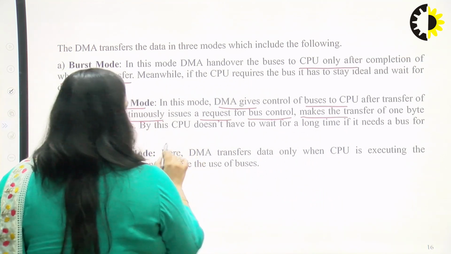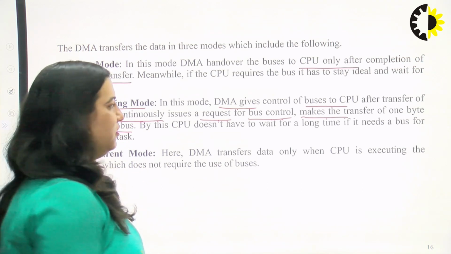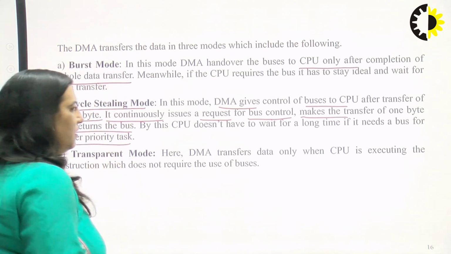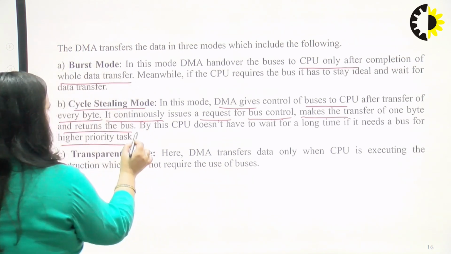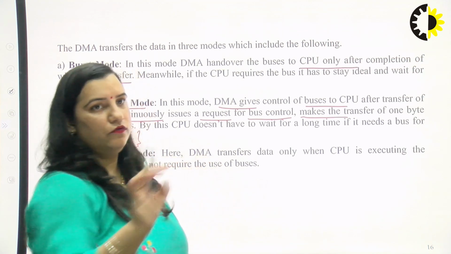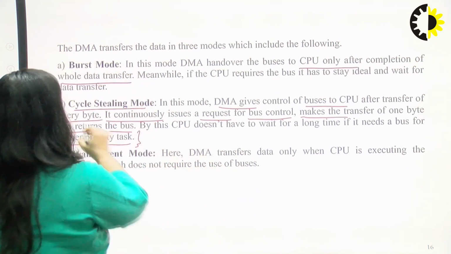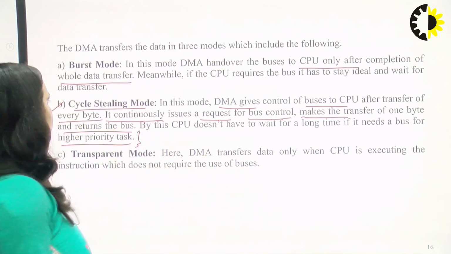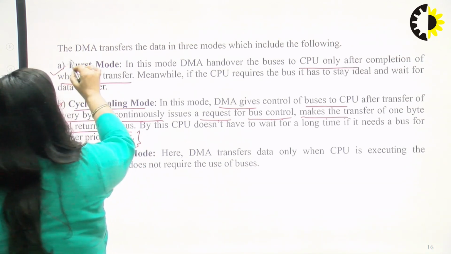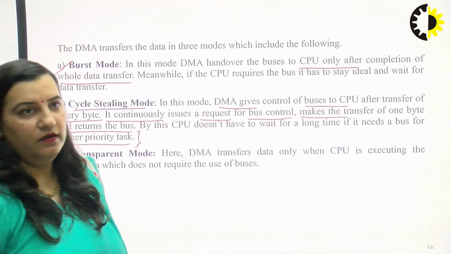By this, CPU does not have to wait for a long time if it needs a bus for higher priority tasks. Otherwise, if this mode is not there, then CPU gets hung. It will not do any work. So it is required for the frequency of CPU, and burst mode is required to transfer data in huge volume.